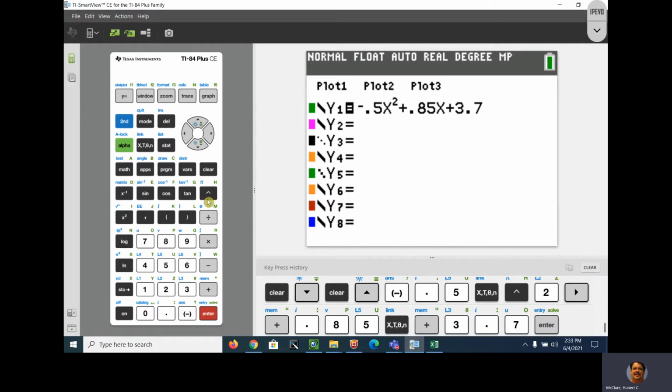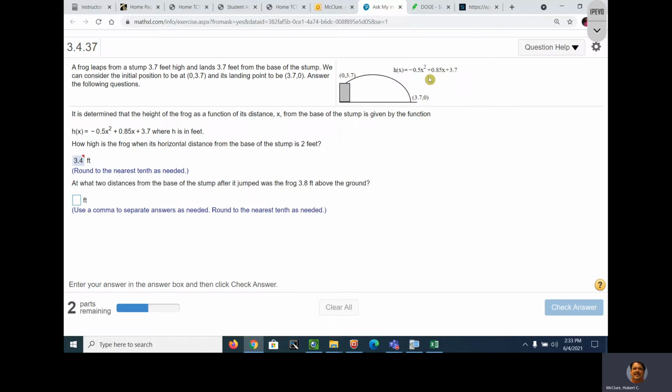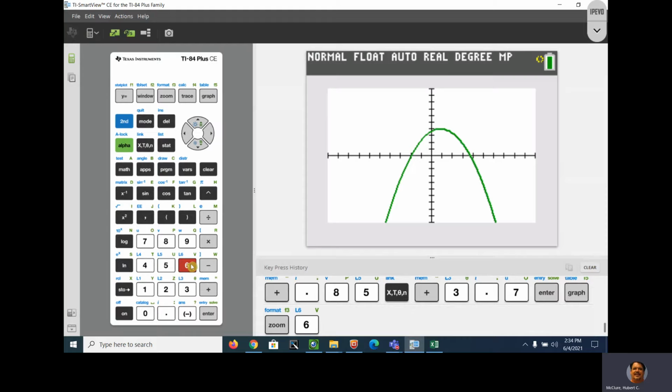And enter and graph. Okay, make sure I wrote that down right. 0.85x plus 3.7. So we got to blow that up a little bit. Let's go with zoom standard. There we go. We can use that.